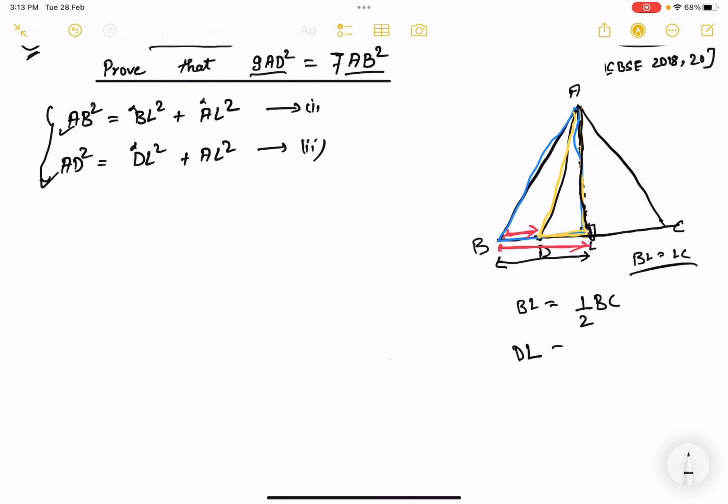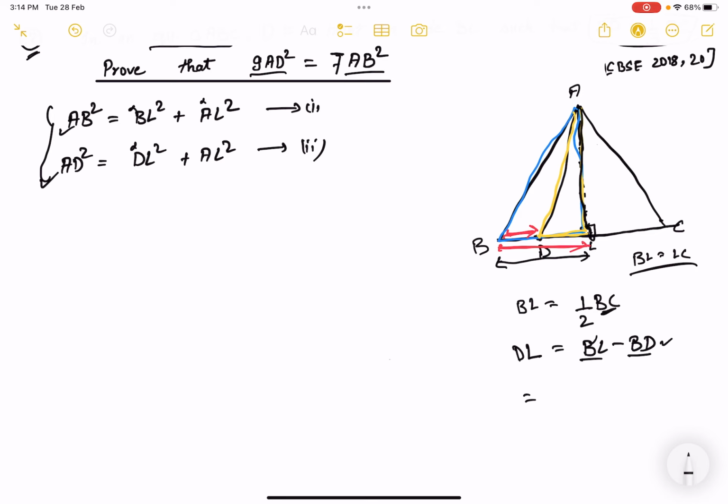We have DL is equal to BL minus BD, and again BL we will represent in terms of BC.